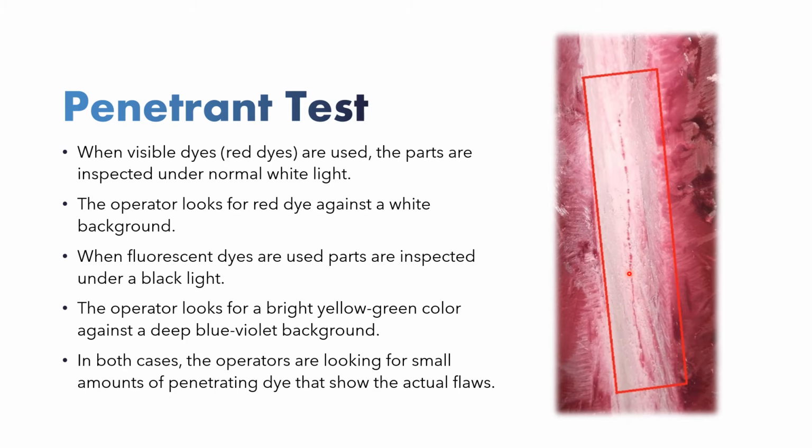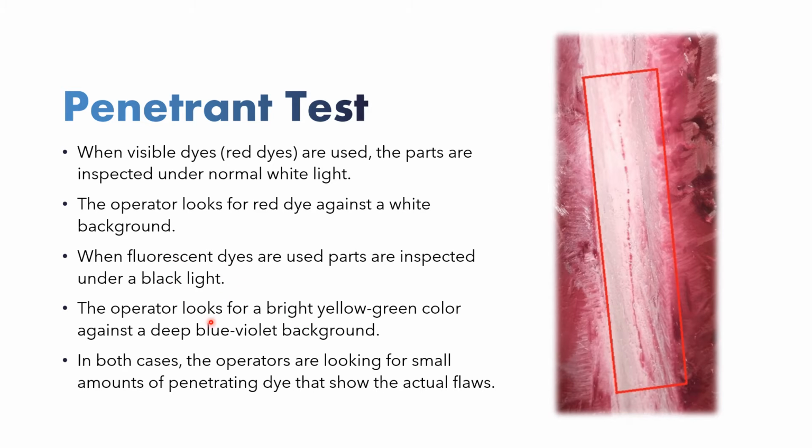And if we use the fluorescent dyes, you can see the parts under a black light, not a white light. Red dye, white background. Fluorescent dyes is going to be a black light, black background, okay? So try to remember two different dyes.